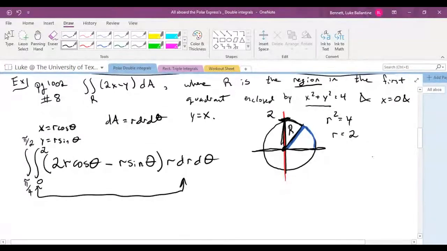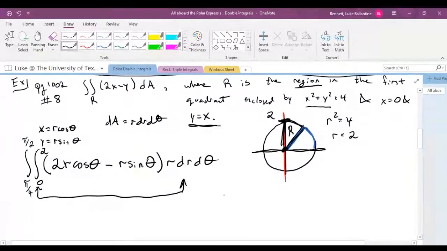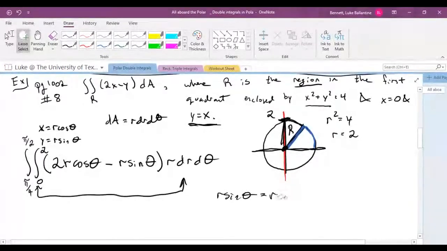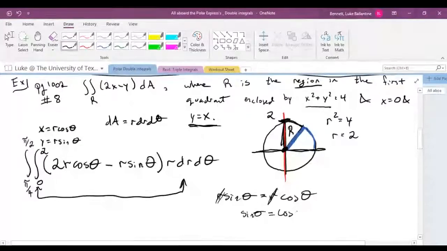So if you want to get down to what's going on in polar, we have y equals x. This relationship is this line. That's r sine theta equals r cosine theta. So r cancels, and we have sine theta equals cosine theta.